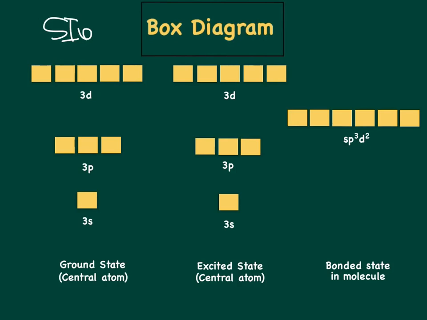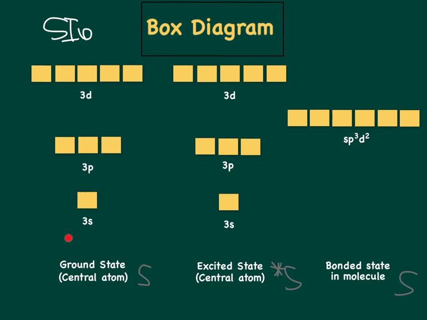So we will be focusing on our central atom, which is sulfur. Here we will have sulfur at the ground state, sulfur at the excited state, and then sulfur at the bonded state. Referring to the periodic table, we can find sulfur at 3p.